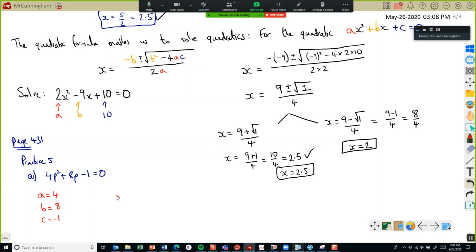And then you use your formula, and you put your numbers in. So -b, so that's -8, plus and minus the square root, b squared, so 8 squared, minus 4, times A, which is 4, times C, which is -1, all divided by 2 times 4, and then it's just a question of working through, just like what we did, to figure out the solution.